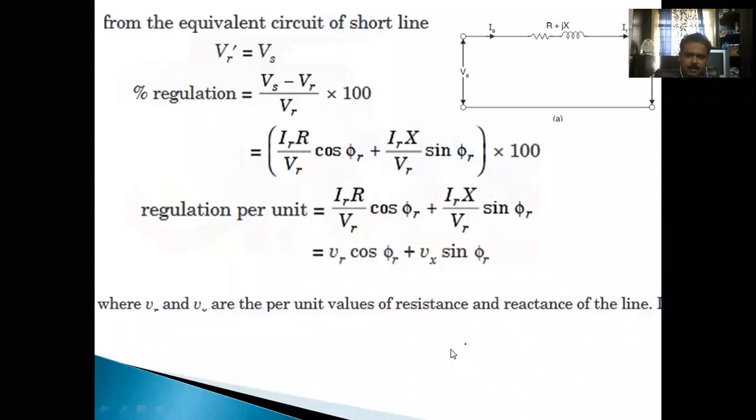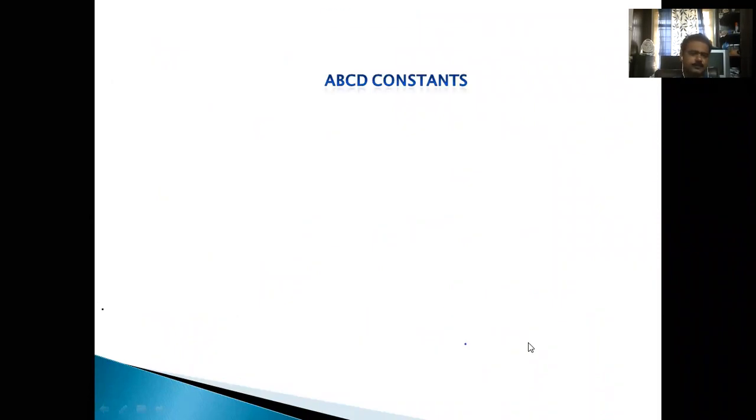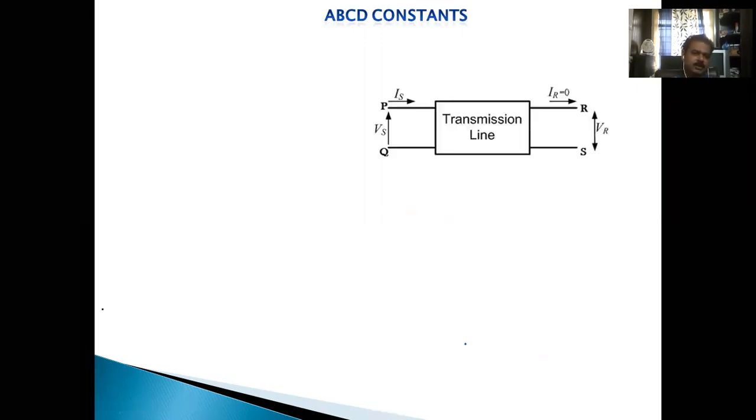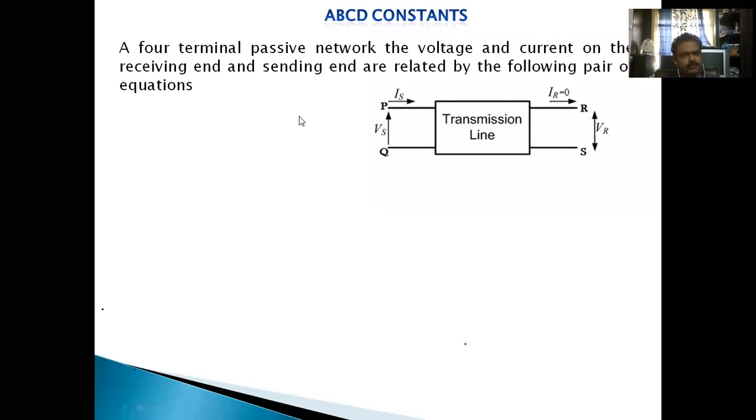The next step is representing using ABCD constants. ABCD parameters are also termed as transmission line parameters. In this case, the transmission system is a transmission line, with sending end current, sending end voltage, receiving end current, receiving end voltage, total 4. Using this 4-terminal passive network, the voltage and current on the receiving and sending end are related by equations.